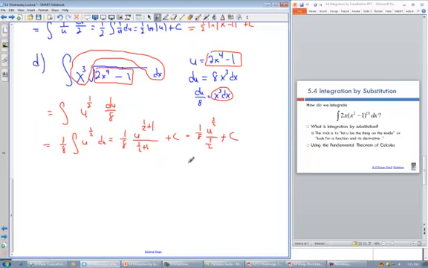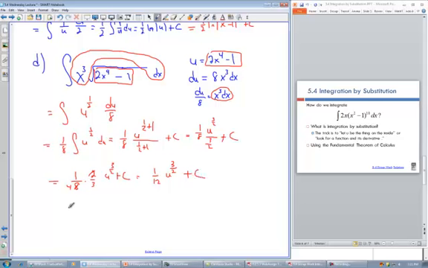And now I'm going to divide by a fraction, so I multiply by the reciprocal, so this is going to be equal to 1/8 times 2/3 u to the 3/2 plus c, and I can simplify this a little bit, right? 2's will cancel here, so if I cancel this with this, I get 4, and so this is going to be 1/12, 4 times 3, u to the 3/2 plus c.